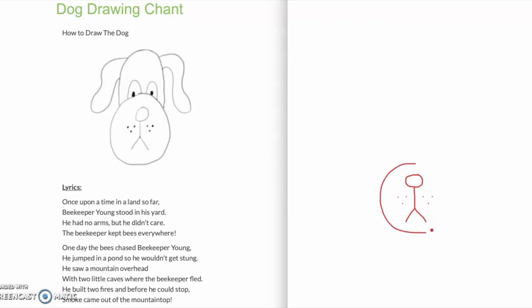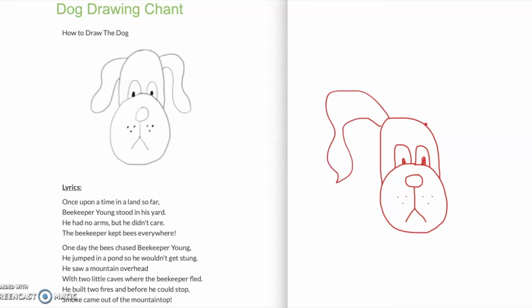He jumped in a pond so he wouldn't get stung. He saw a mountain overhead with 2 little caves where the beekeeper fled. He built 2 fires, and before he could stop, smoke came out of the mountain top.